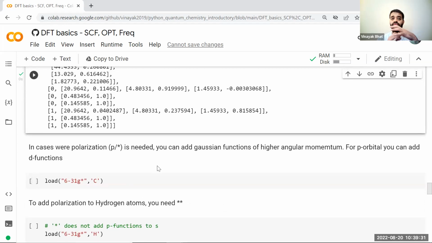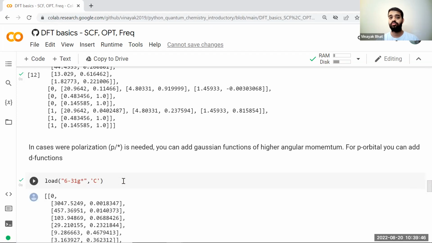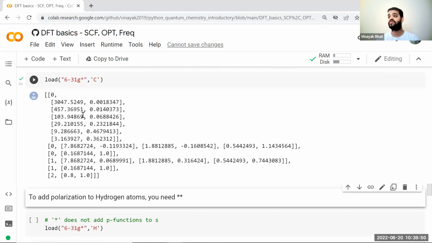And then sometimes if you think of an s orbital, you want some polarization into it. Like hydrogen is spherical, you just need to make it a little bit spread out. So we can add polarization terms. And if you have a star in front of it, they are called polarization functions, and it adds a function of higher L value.